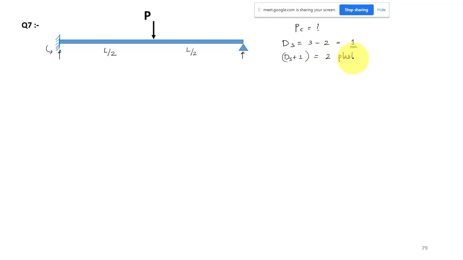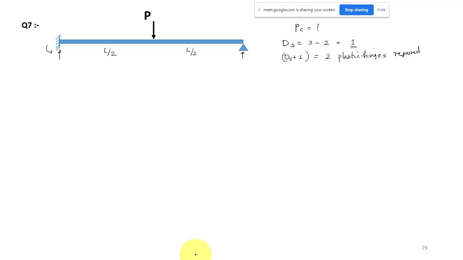Up to that point we can load. Two plastic hinges are required to form the mechanism, or to have the failure. That is our condition for this beam.